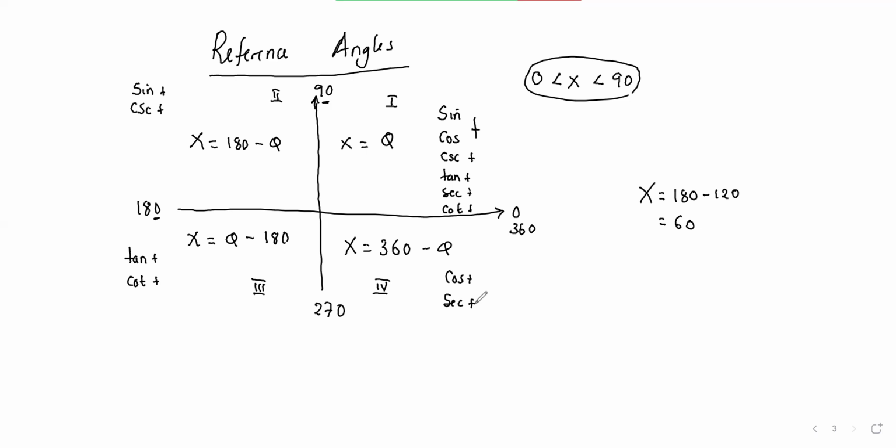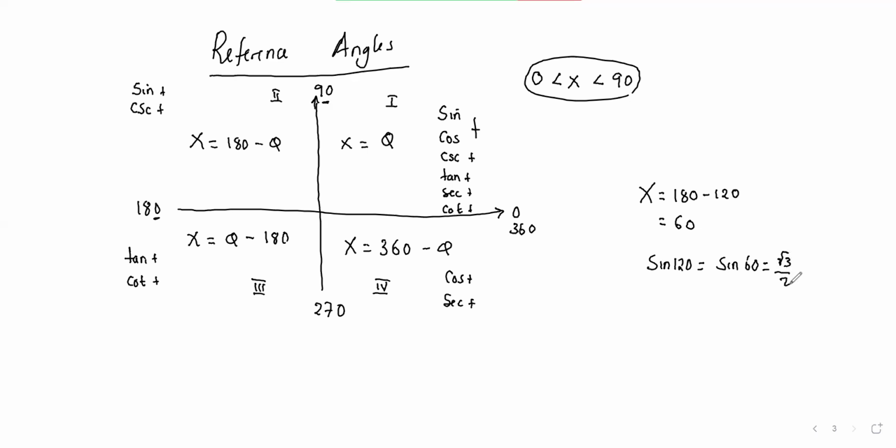So the value of sine 120 is the same as the value of sine 60, because 60 is the reference angle of 120. That means these are going to give us root 3 over 2.